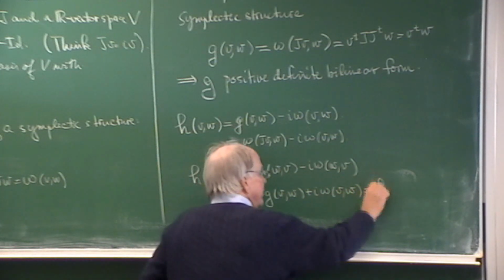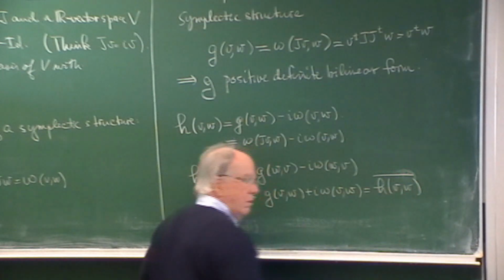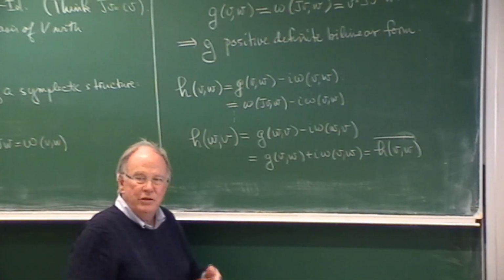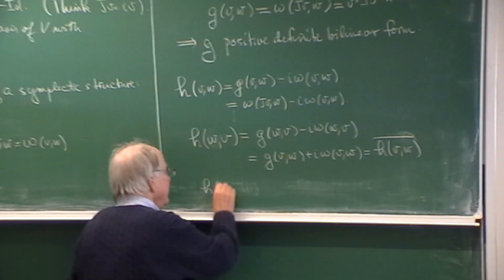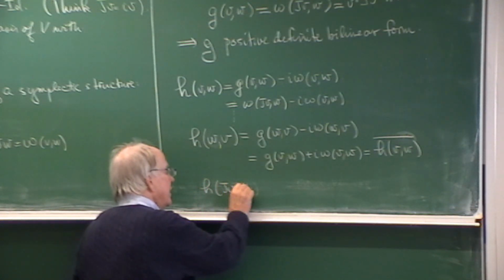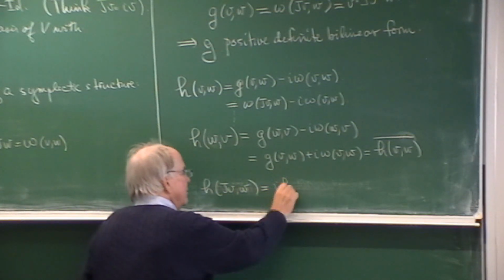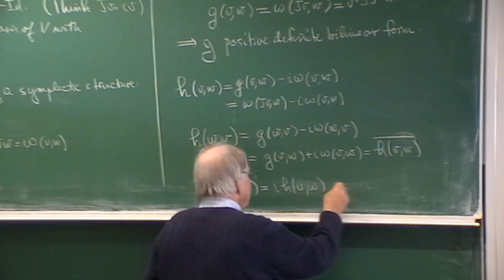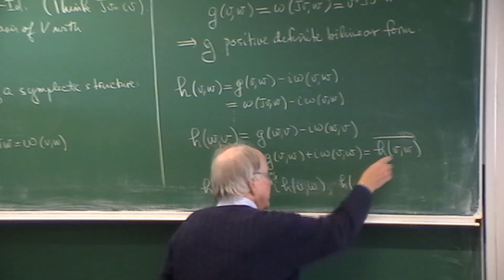So this is H of V, W bar. And you can have fun impressing your friends at nighttime by checking that if you multiply the first thing by I, this comes out as I. And if you multiply the second thing by I, by the complex structure, well, obviously it comes out as minus I because of that.